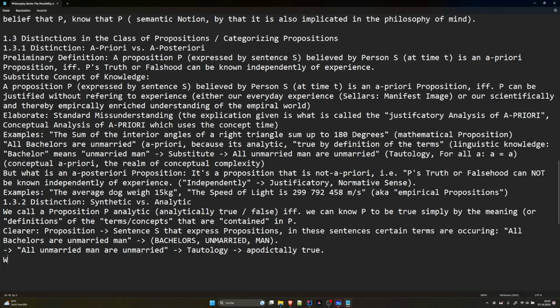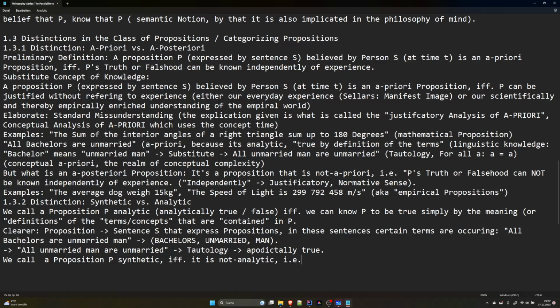Okay. Then we can define what a synthetic proposition is by simply negating what an analytic proposition is. This is the same method we did before, and then we can already end this video. We call a proposition P synthetic if and only if it is not analytic.